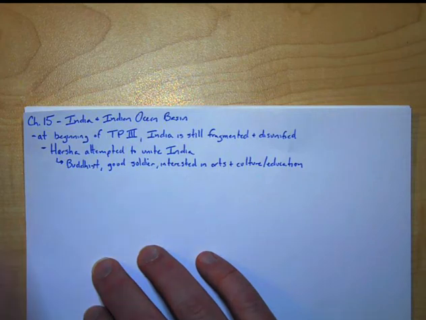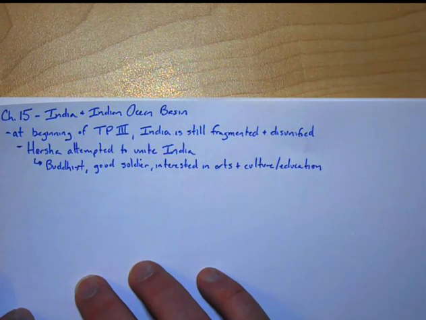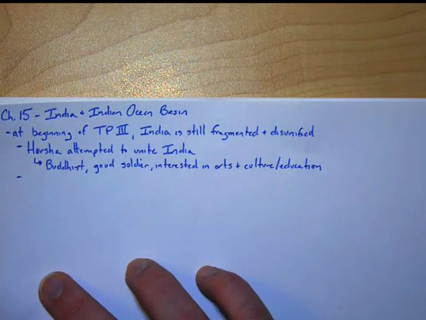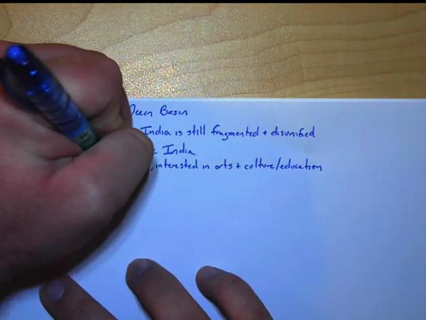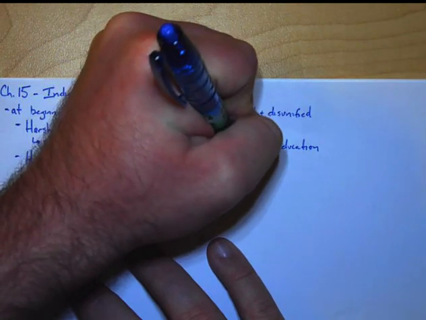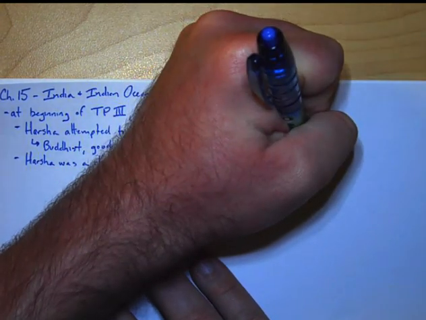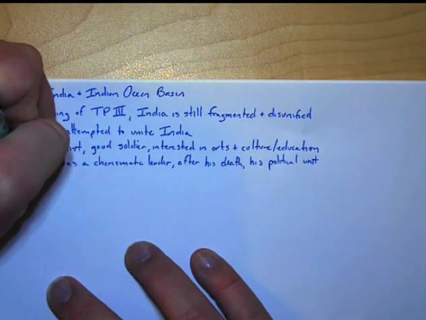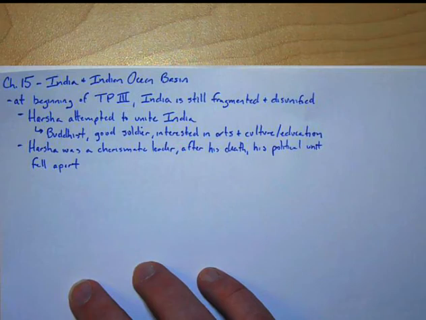And for a time, Harsha did manage to put together a big part of North and Central India. But like many rulers before Harsha, he was a charismatic leader. People wanted to follow Harsha. And after his death, his political unit fell apart. It just disintegrates. Without Harsha keeping everyone together, India once again fell into disunity.